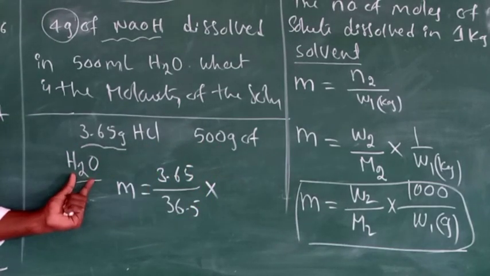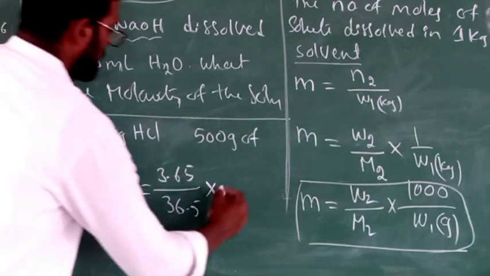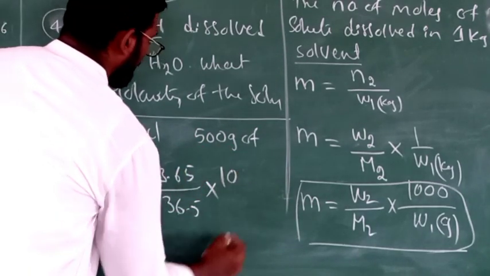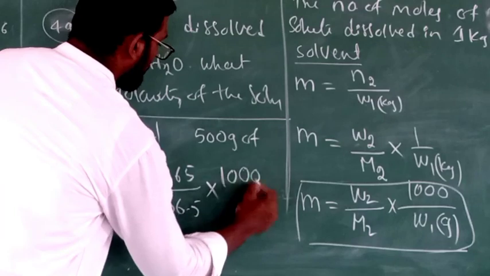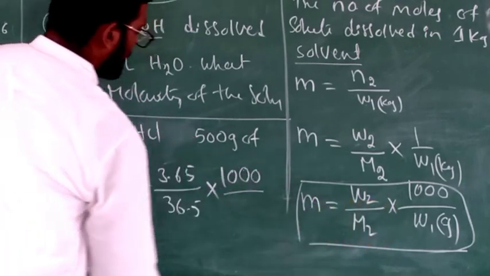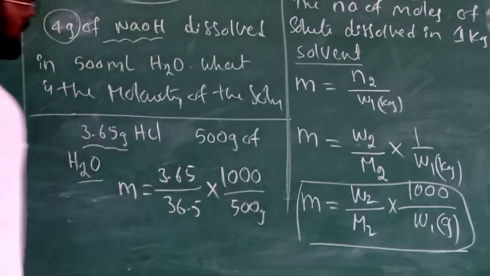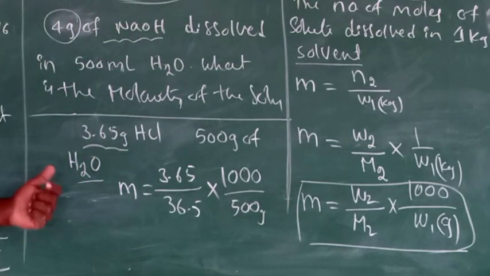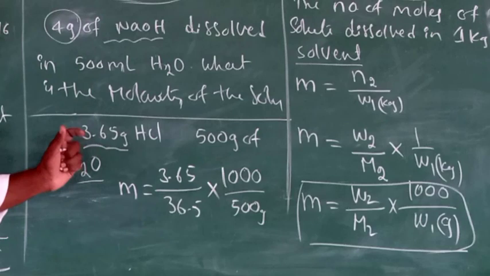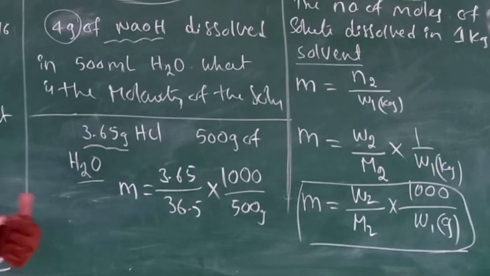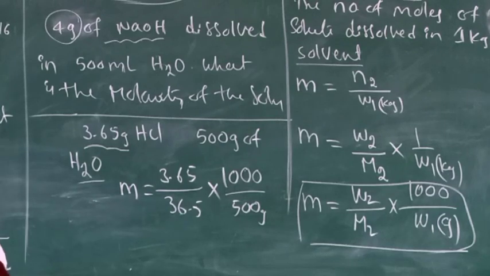Mass of solvent, water, is given in grams, so we'll write 1000 by mass of the solvent in grams. How many grams? 500 grams. Just for simplicity, I am taking these values for easy calculations and just to make you understand. But in actual practice, you may get different values, but the calculation method is the same.